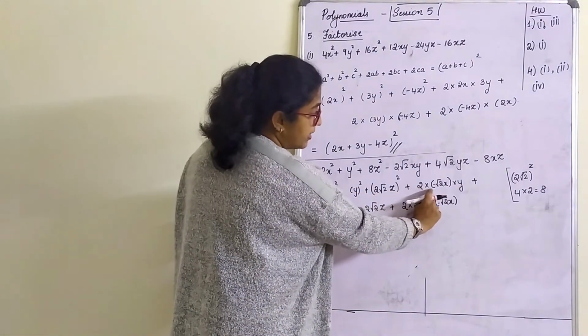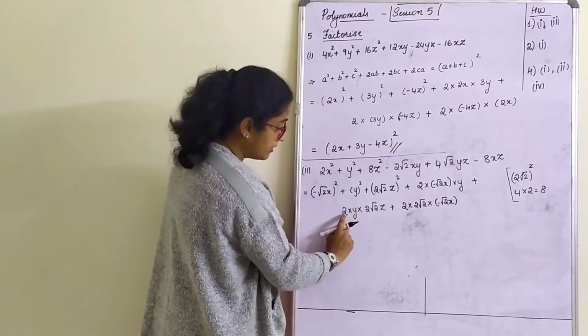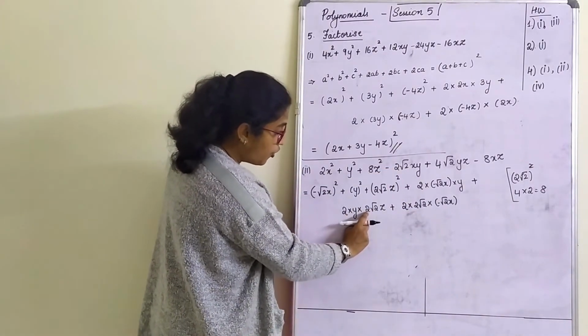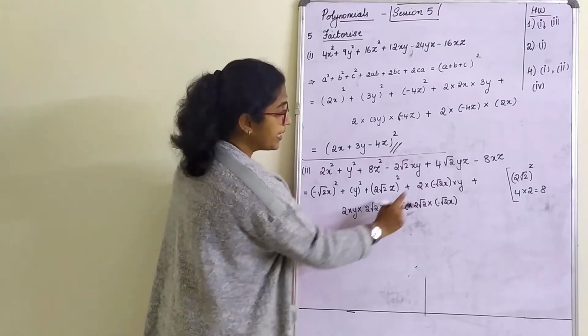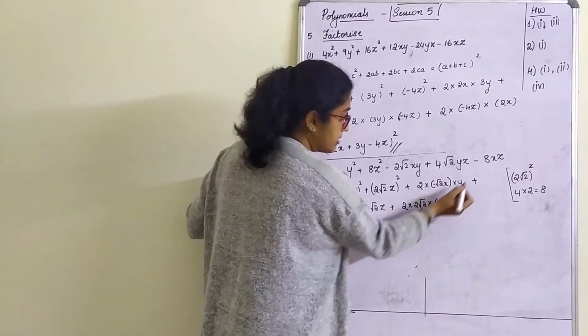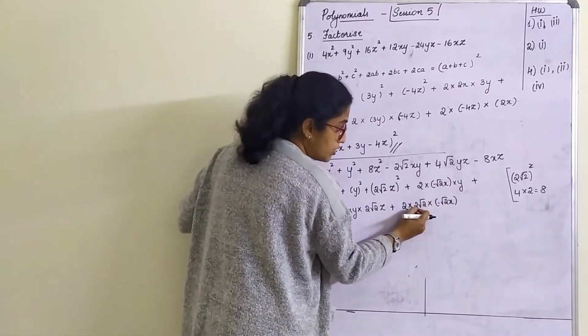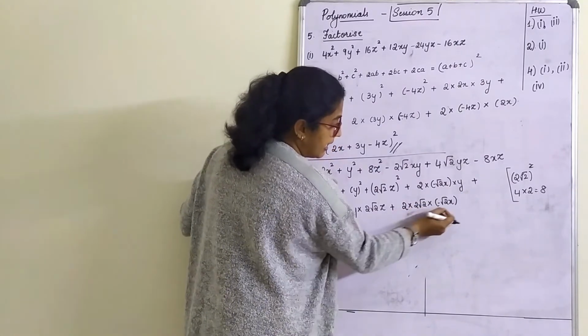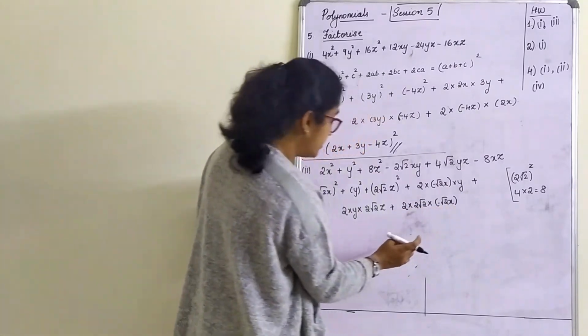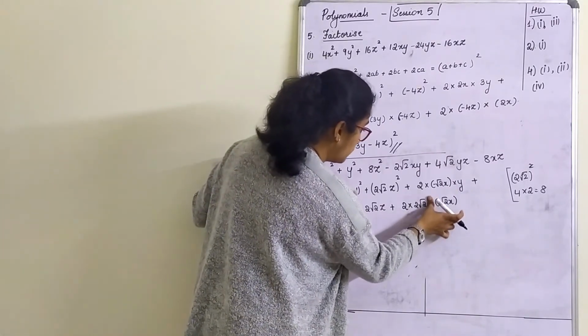Let's just check if you want. This is minus 2 root 2xy. We got it here. 2 2s are 4, 4 root 2yz. We got here. Look at this. Minus root 2 into 2 is 2, 2 2s are 4, 4 2s are 8, 8x. I think z term I have missed somewhere. Yes, here I had to write the z term.